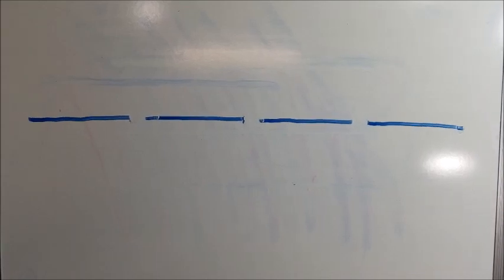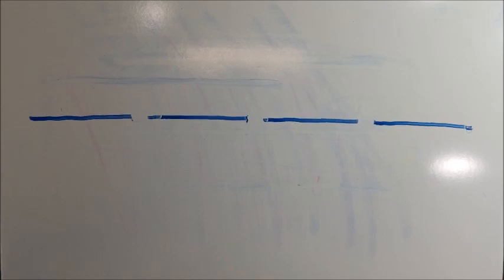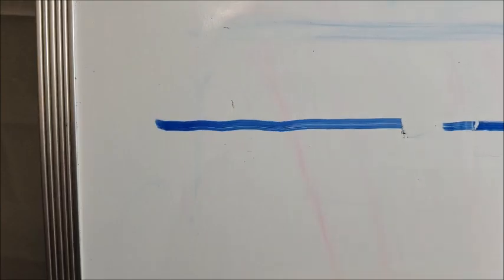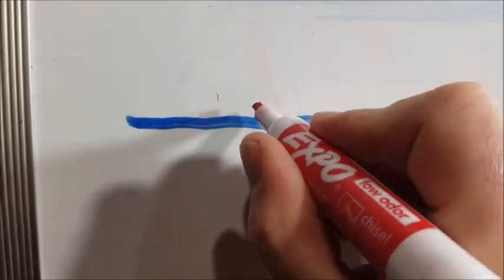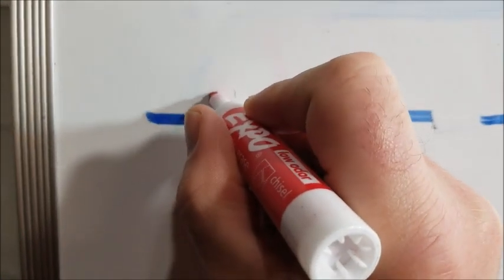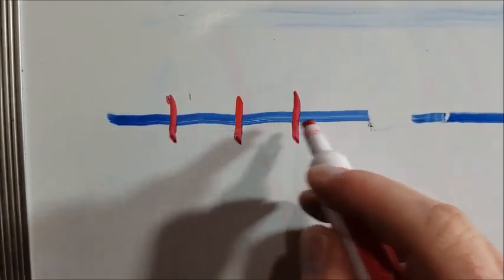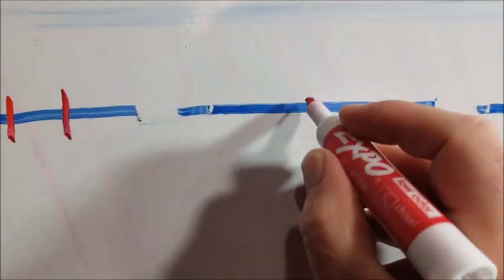Boys and girls, sometimes you might have 4 whole items. You might have 4 whole Long Johns, 4 whole pizzas, or in this case, 4 whole lines. Each line is 1 whole unit of something. So we're going to break these down into fourths. I made 4 pieces here. 1, 2, 3, 4. I'm going to now make 4 pieces here.